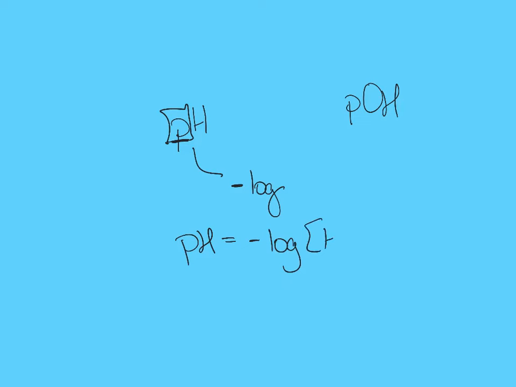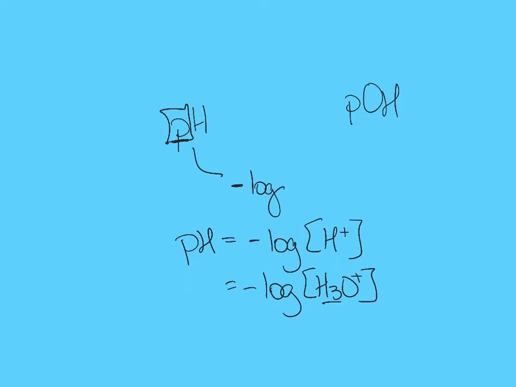The small letter P in front of an H, or something we'll talk about in a moment, pOH, this prefix p just means you take the negative log of a number, okay? So the way I calculate pH is the negative log of the H plus concentration, or a more authentic or more real way of putting it is the negative log of the hydronium ion concentration.